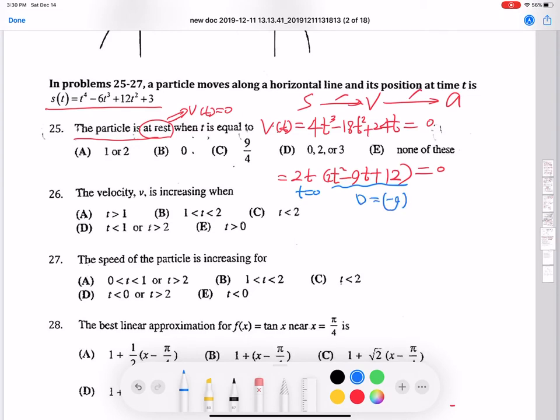Negative 9 squared minus 4ac. The discriminant is less than 0. That means the quadratic function has no real solution. So only when t equals 0 is the particle at rest. That means the derivative, I mean, velocity is 0. So B is the answer.